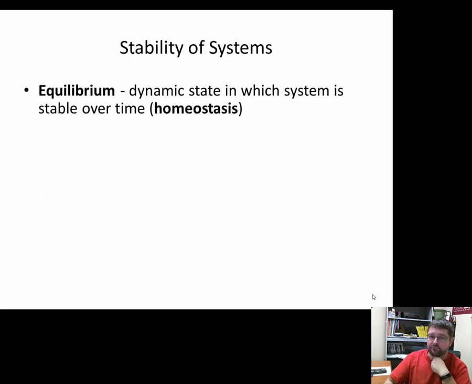The stability of a system, we'll approach these, and I'm really just giving you some definitions because a lot of times we'll talk about homeostasis or equilibrium, and I just want you to know in general what I'm talking about. Now, homeostasis does not mean completely the exact same over time. What it means is a stable system. Most systems fluctuate. So you might have a temperature profile in the system that fluctuates and goes up and down, or a salinity profile that goes up and down in lake systems.